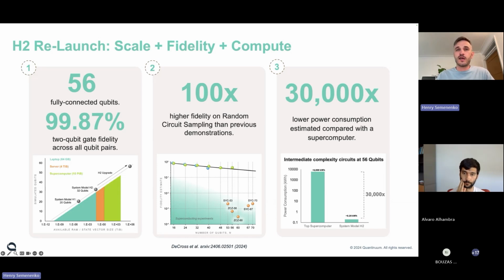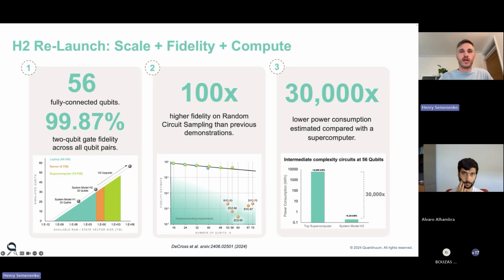And so this is an experiment to sort of show quantum advantage, or really to demonstrate that the quantum systems are beyond the possibility or beyond the capabilities of classical supercomputing simulation. And so what we were able to demonstrate with this was 100 times higher fidelity than the previous demonstrations of random circuit sampling.